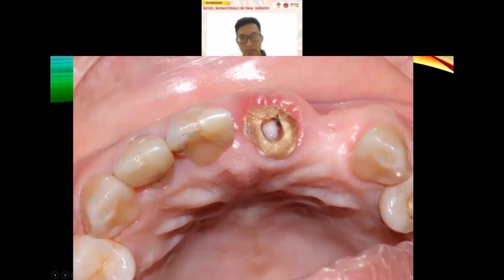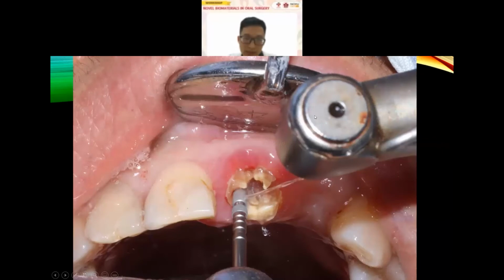My treatment plan is placing only one implant in the central incisor and making a distal cantilever on the lateral one. And on this side, I will make soft tissue grafting to increase the thickness of the mucosa.